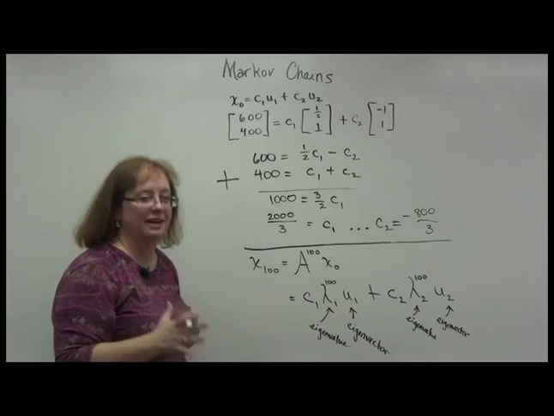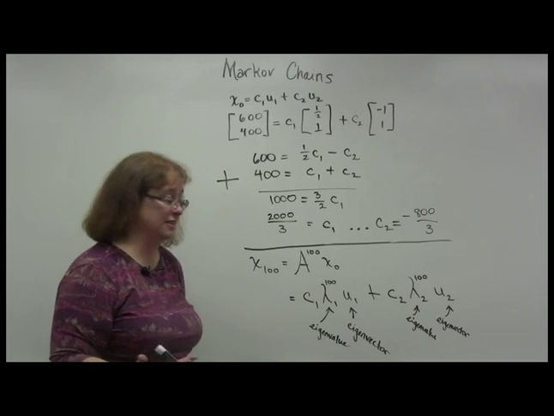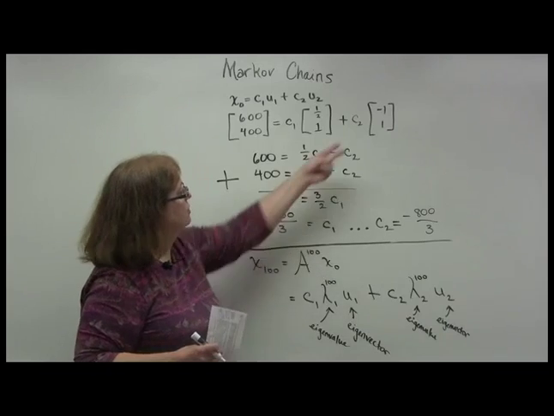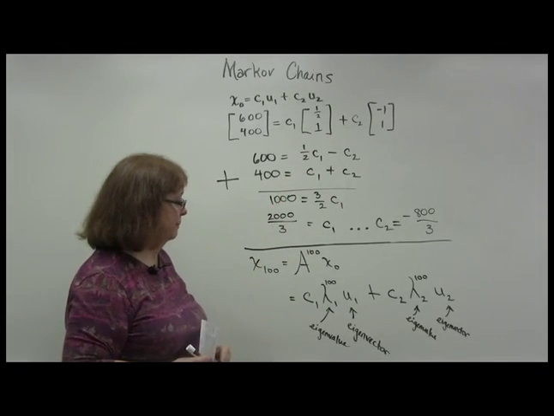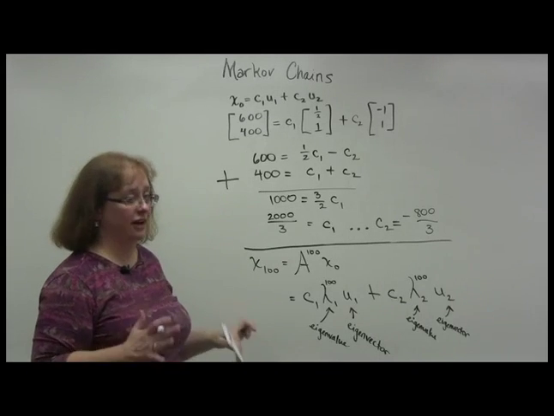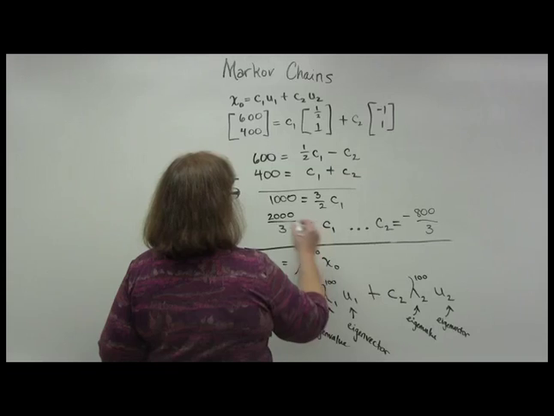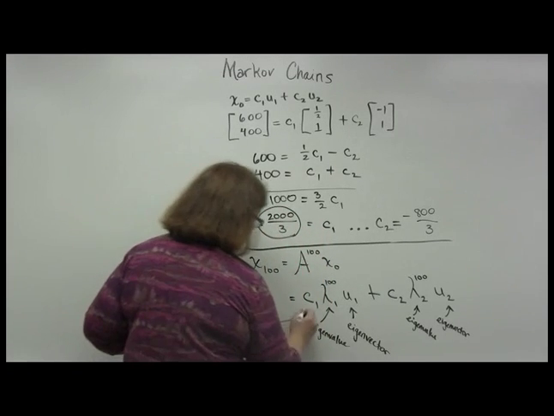I'm finally ready to plug everything into this equation. So you're hoping that if we give you one of these questions, we're going to maybe give you parts of this, maybe give you the eigenvalues and the eigenvectors or something like that. But let's plug everything in finally. Our C sub 1 was 2000 over 3, and that's going to go in here.